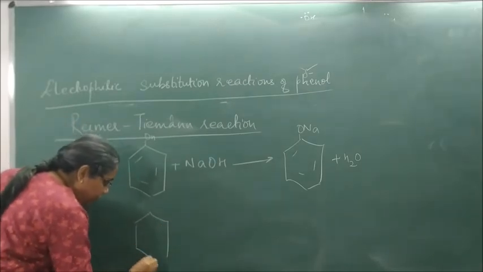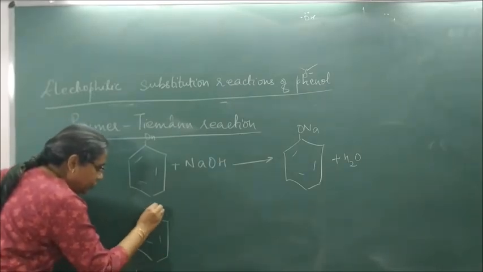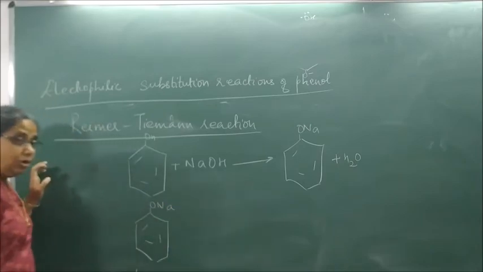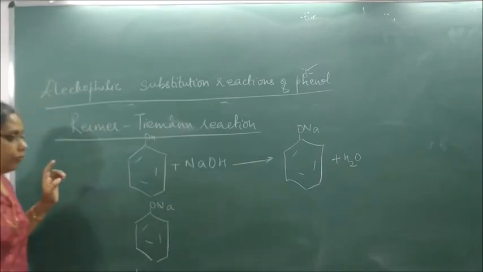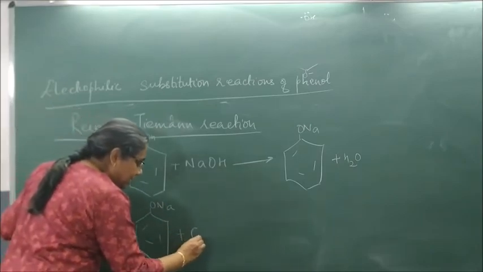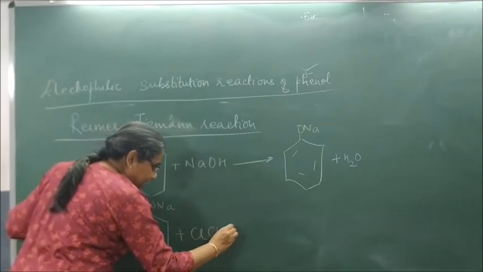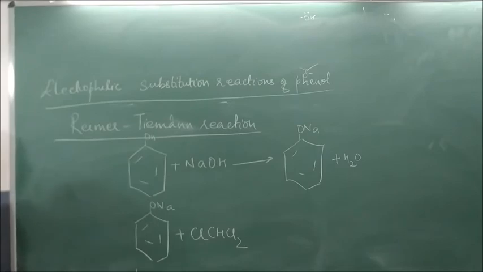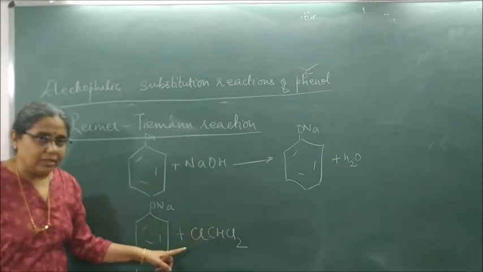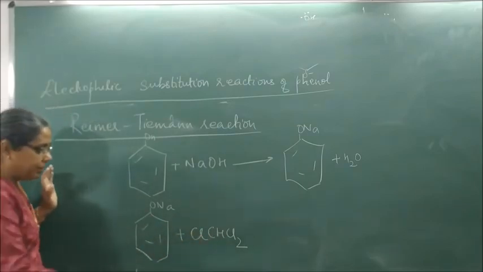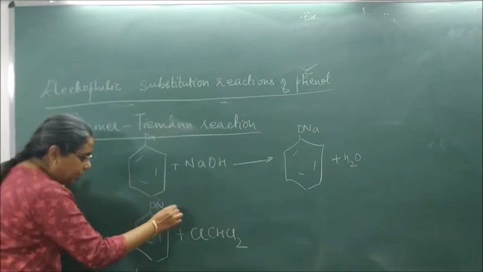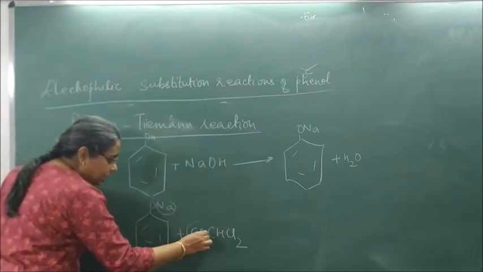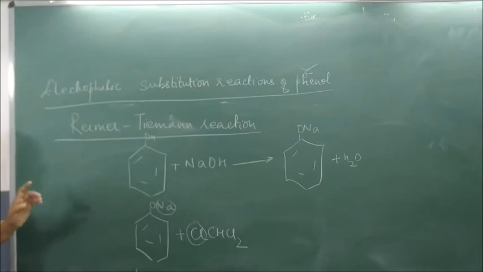Now this sodium phenate reacts with, what have we told? Chloroform. Chloroform can also be written as Cl, CH, Cl2. I can write chloroform like that. It is nothing but CHCl3. Now understand here, this Na and this Cl can be removed.